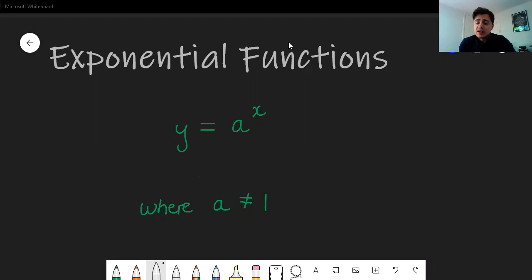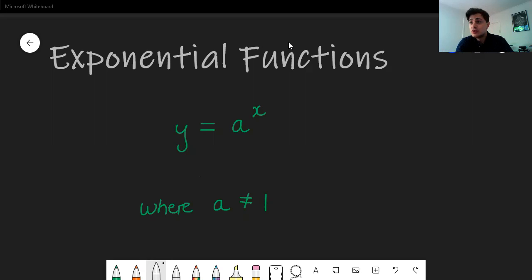This is the most basic exponential function that you can have, where x is the variable and the variable is the power this time, and of course y is the other variable here. But one thing to point out is that the base number a cannot be 1, because if we have a base number of 1, and say we have x is equal to 2, we'll have 1 squared, which just gives us 1 again.